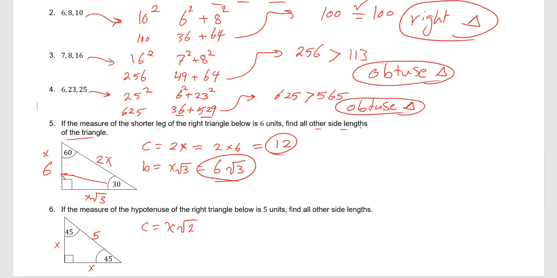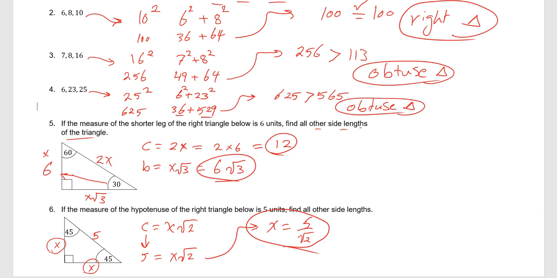But the hypotenuse is equal to 5. So 5 equals x square root of 2. So x, which is the side length, is equal to 5 over square root of 2. And this is the same for both of these sides.